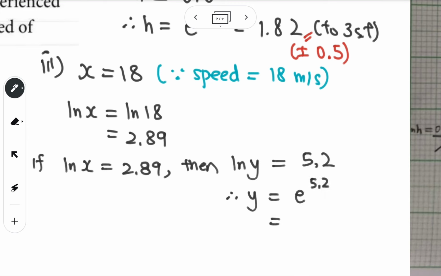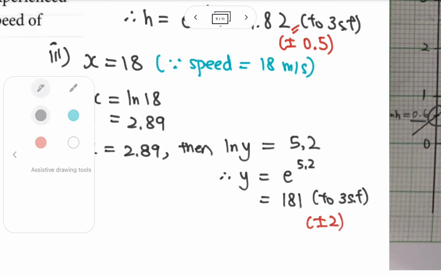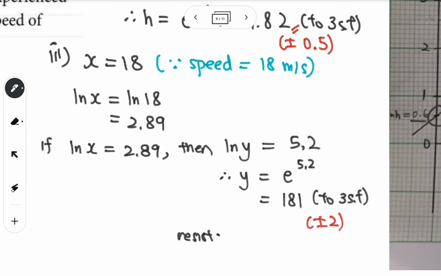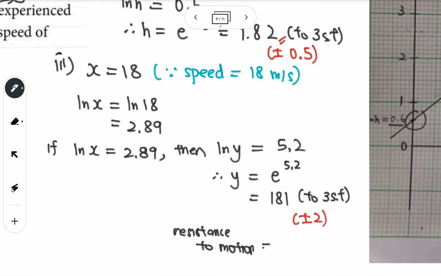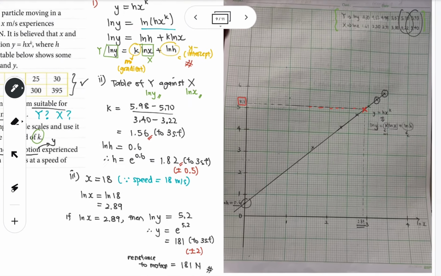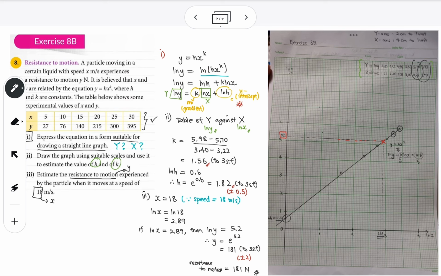And what is e to the power 5.2? 181 to 3SF. That's roughly the answer key. Answer key is 180. So again, we'll be accepting a range of values, plus minus 2. And in the context of the question, my resistance to motion is 181 Newton. So this is my attempt for exercise 8.